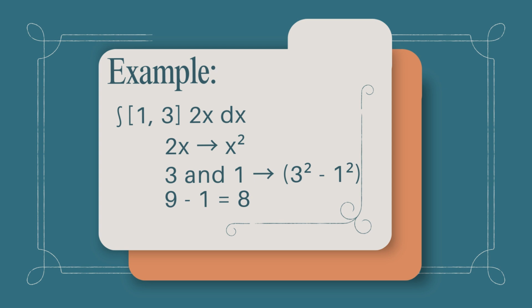When we evaluate at 3 and 1, we will get 3 squared minus 1 squared. So 3 squared is 9 and 1 squared is 1. Then when we subtract 9 minus 1, we will get the answer 8.